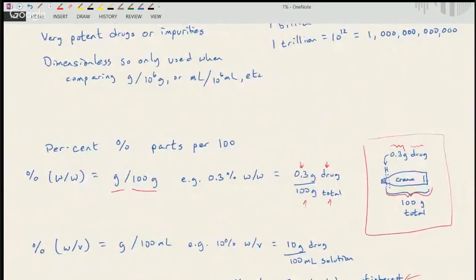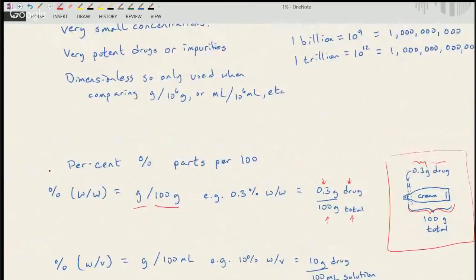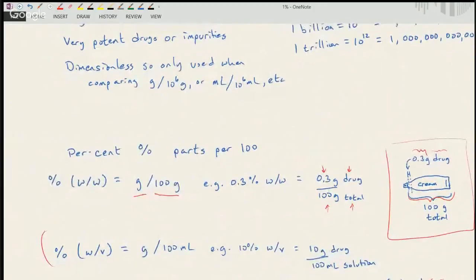So we have here also weight per volume. If you have a percent weight per volume, what is being described is 1 gram per 100 mLs of solution, which means that of a volume of 100 mLs, you will find 1 gram of active ingredient.